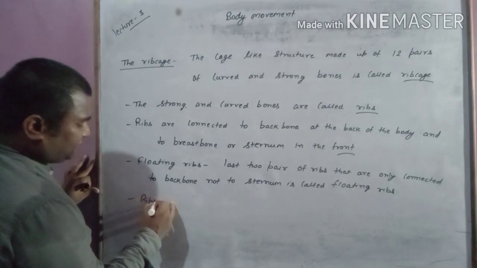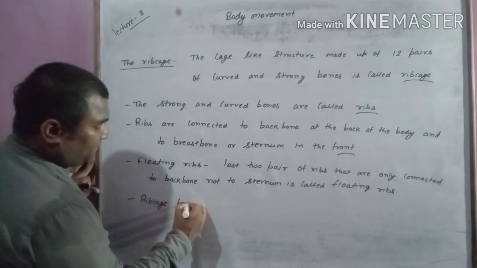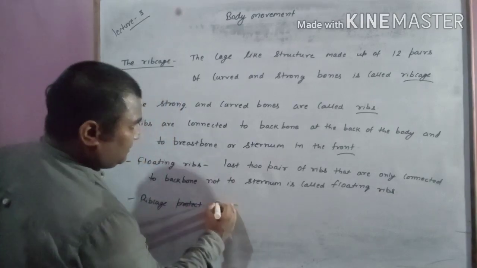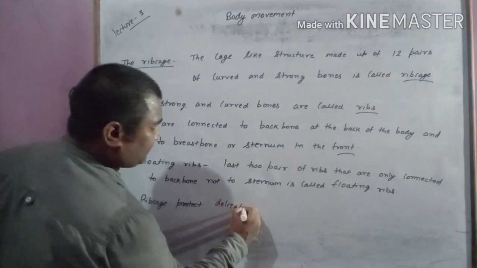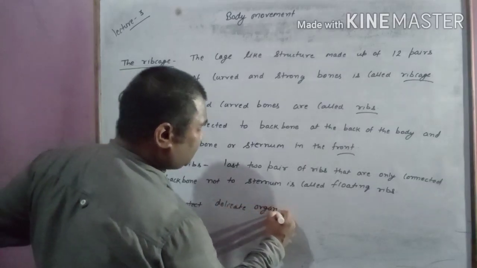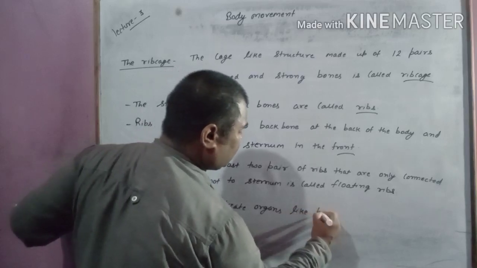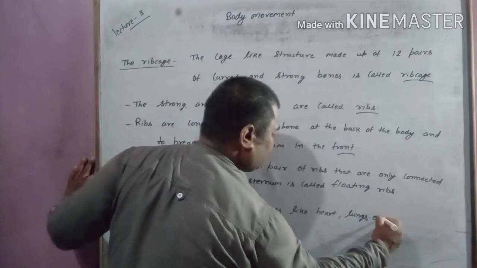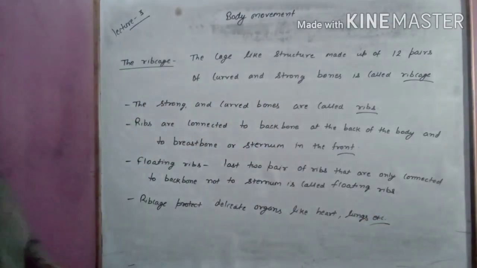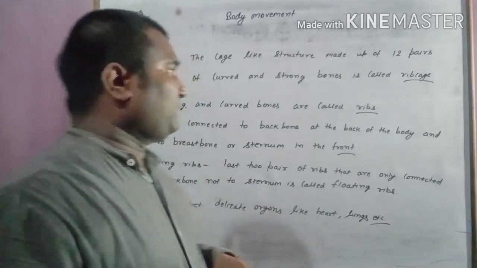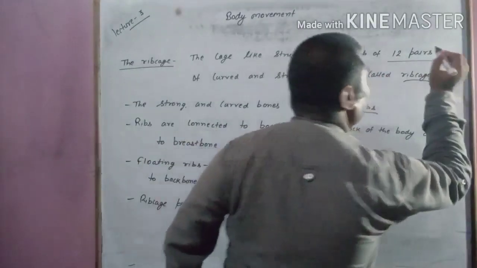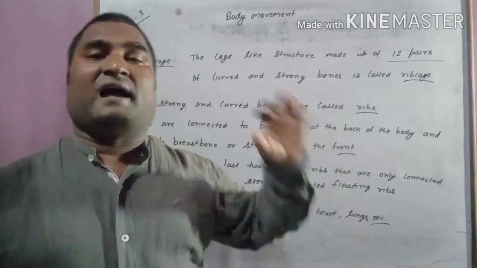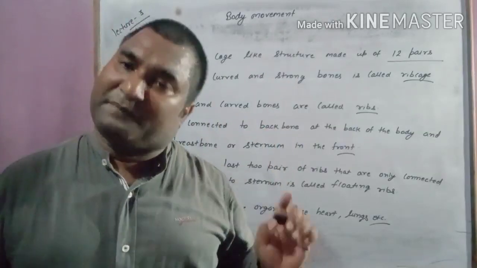The rib cage protects delicate organs like the heart, lungs, etc. So this cage-like structure is made up of 12 pairs of curved bones, which are called ribs, and the cage formed is called the rib cage.